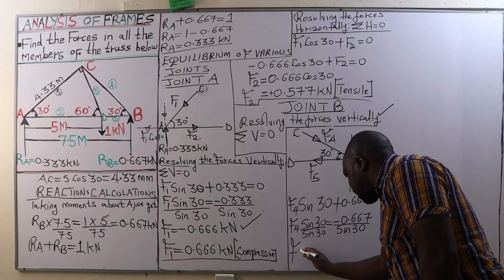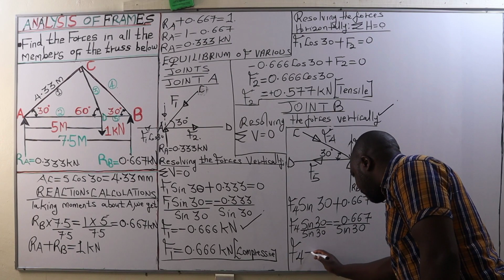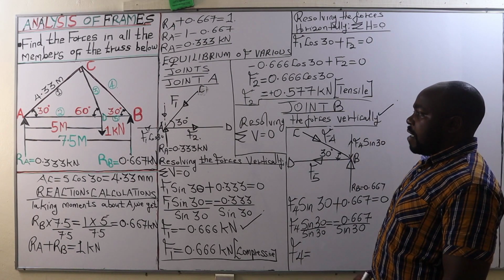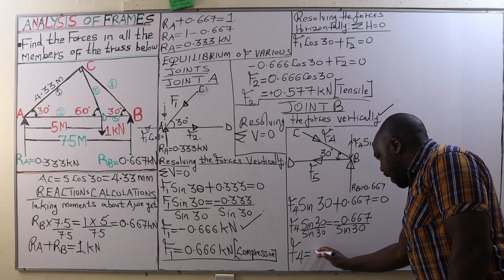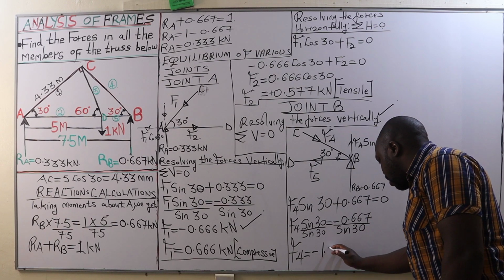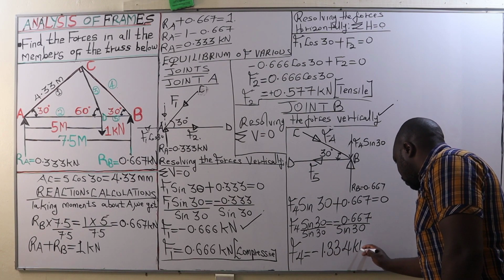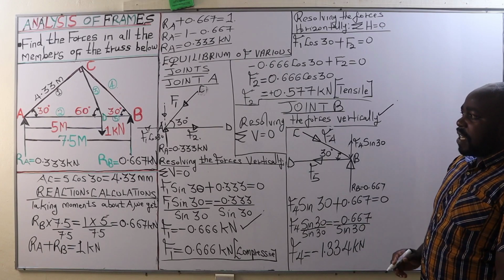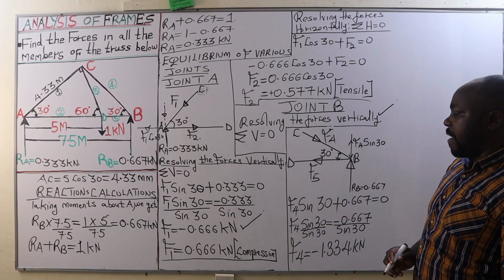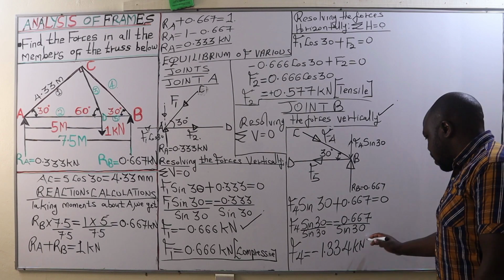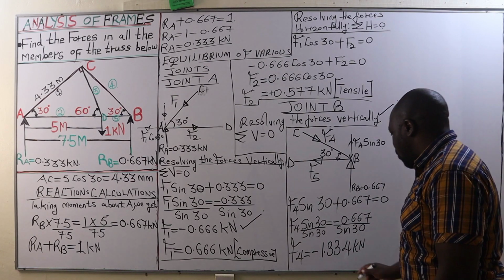That's going to give us a force F4 being negative 1.334 kilonewtons. And it being a negative force, it means that the force is compressive.